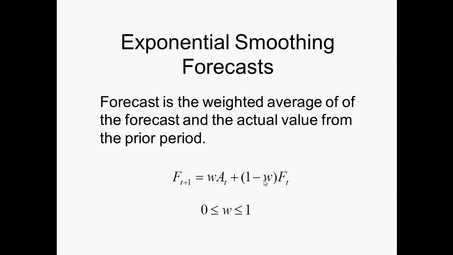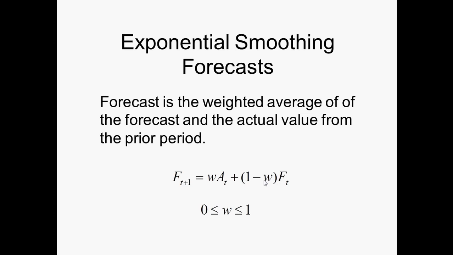Here what you just do is you say, okay, what did we get in the last period, and then what was our previous prediction? And you estimate a new prediction based on the previous prediction and the new information that we got last term, and combining them in some way. Typically it'll be a weighted average.